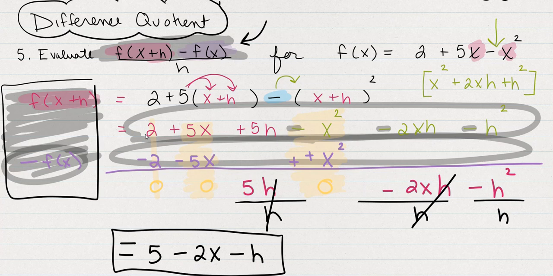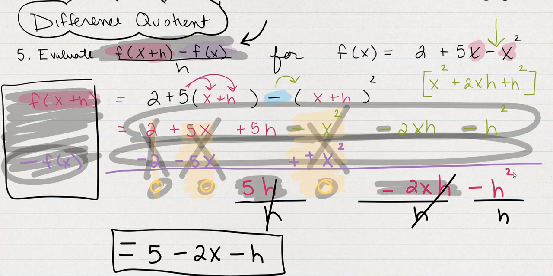I can see clearly what cancels out. 2 minus 2, 5x minus 5x, the opposite of x squared plus x squared. I get these nice zeros, right? And so then just carrying down what I've got left, 5h minus 2xh minus h squared, divide each of those by h, and I get my end result.